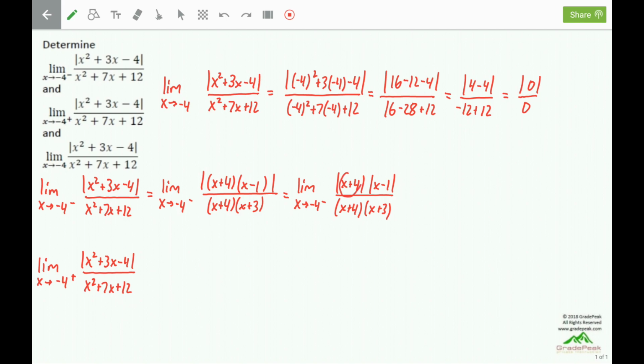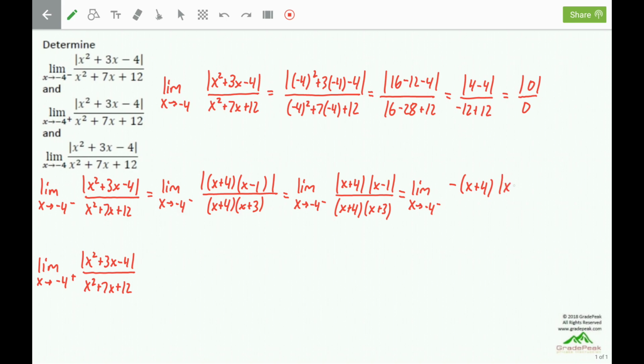If you take a number like -4.01 and add it to 4 in the absolute value, you will have a negative number. The absolute value ensures that what comes out of there is a positive number. If what goes in is a negative number, the absolute value will make it positive by multiplying it by another negative. So we can take away the absolute value symbols for the x plus 4 and put a negative in front of it to make the positive happen.